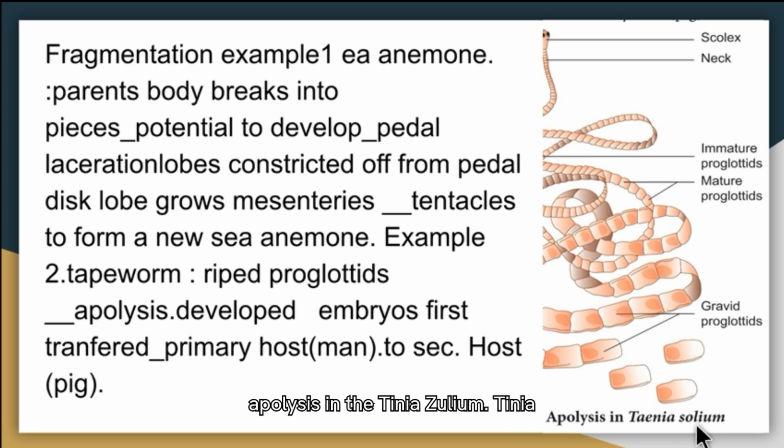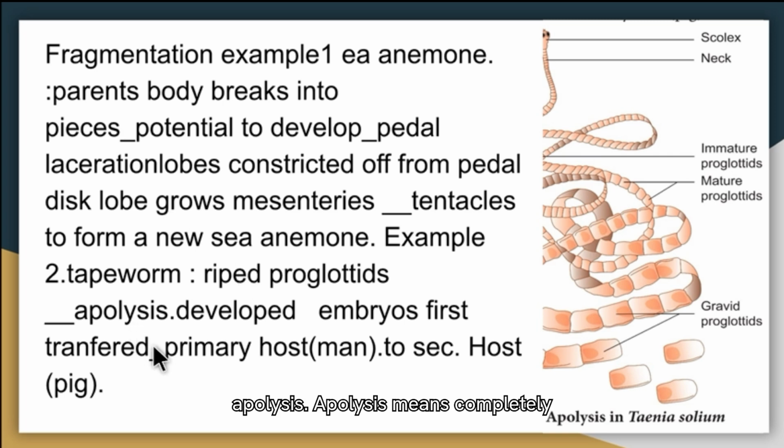Apolysis in Taenia solium. Taenia solium is a parasite of humans as well as of the pig. This is the apolysis. Apolysis means completely separate. A few segments will separate one by one, or sometimes along with 1, 2, 3, 5 segments together.